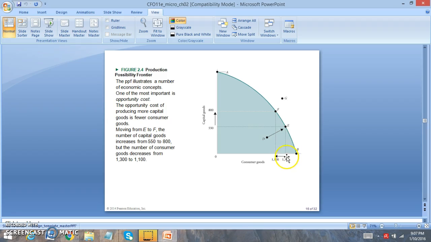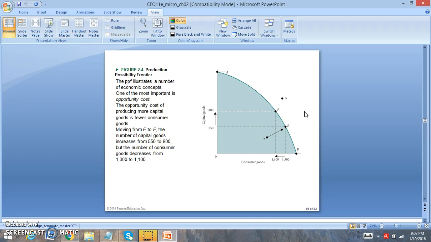So let's assume we're at point E here. We produce 1,300 consumer goods and 550 capital goods. And let's say we want to go to producing at point F. So now for us to produce an additional 250 capital goods, we have to give up producing 200 consumer goods.